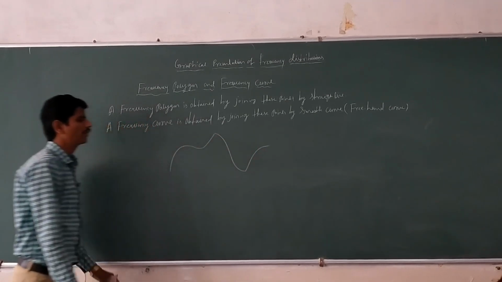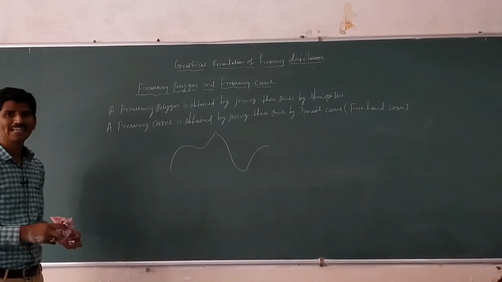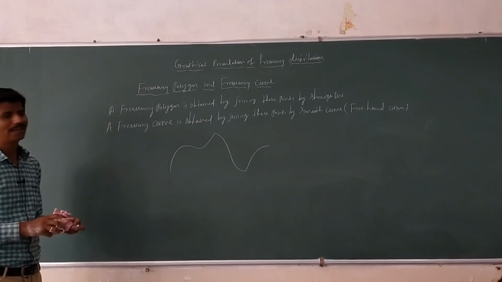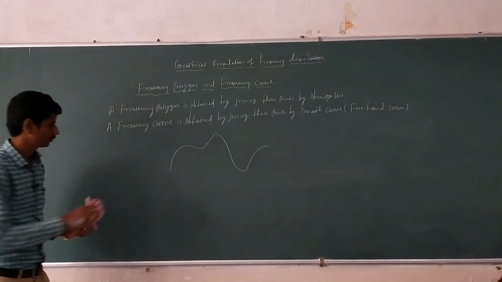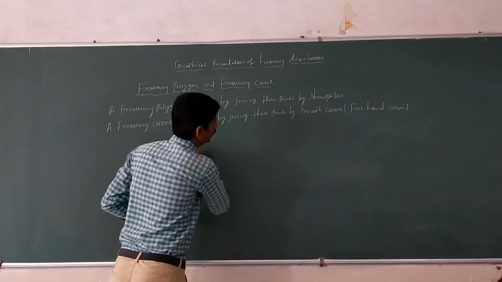It is a curve. On joining the midpoints of the upper sides of the rectangles by a smooth curve, we get what is called a frequency curve.